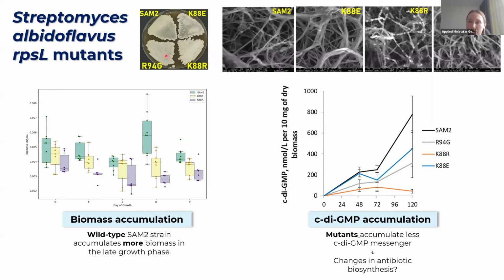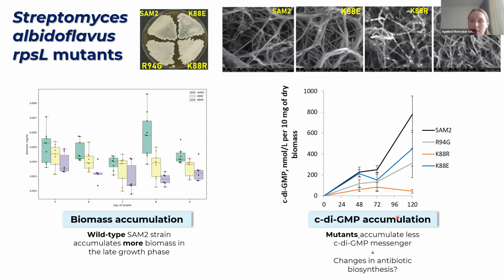We have no difference here, but if we take a closer look using scanning electron microscopy, we can see differences in appearance of spore chains between these two strains. These two strains have an amino acid substitution at the same position, but with different effects on morphology. The third mutant looks almost normal.